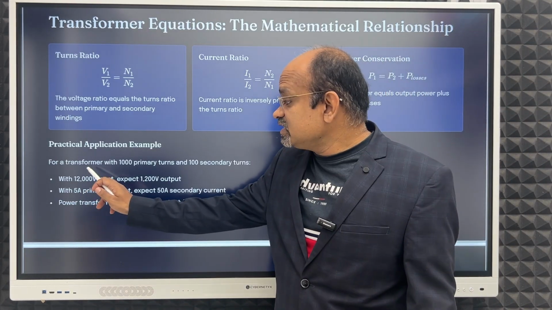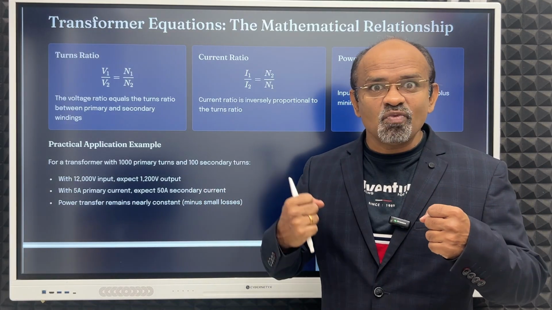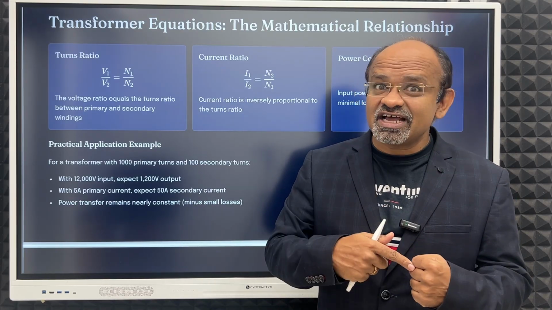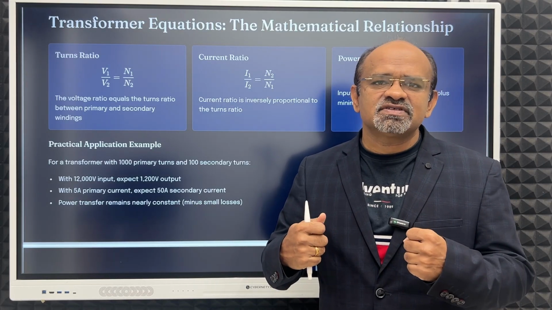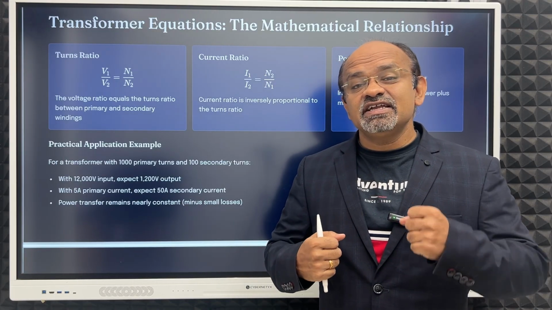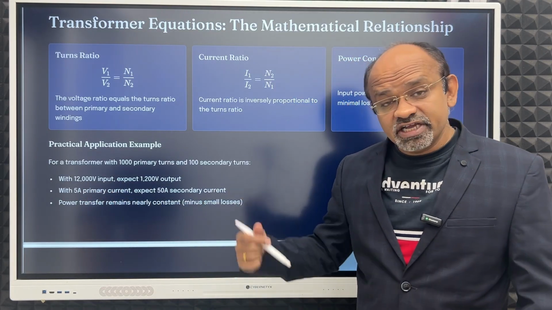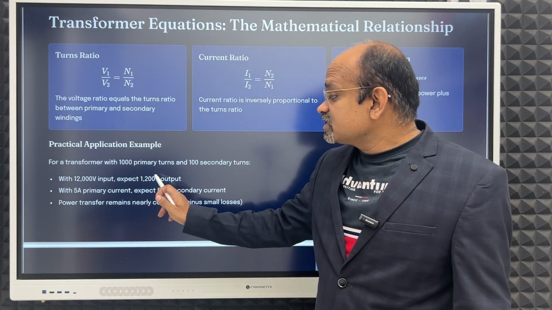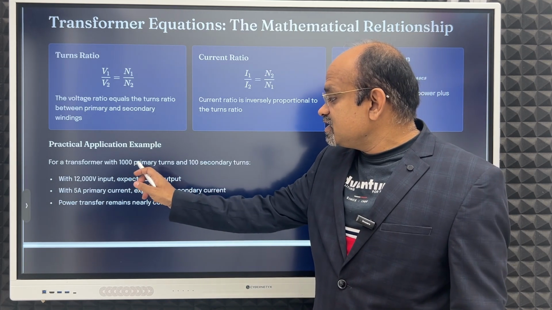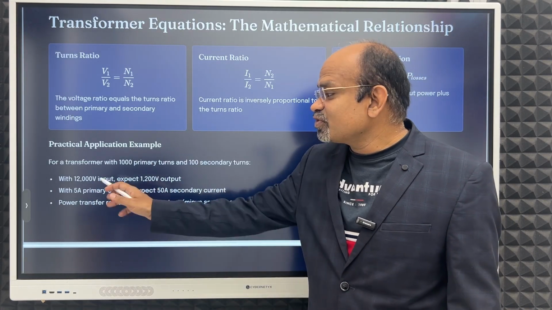Now let's say a transformer with 1000 primary turns and 100 secondary turns. Primary turns are 1000, more, and secondary turns are fewer, so it is a step down transformer. It depends on the number of turns. If the number of turns is more at the primary, then it becomes a step down transformer. With 12,000 volt input, expect 1200 volt output, because this is 10 times more than this.